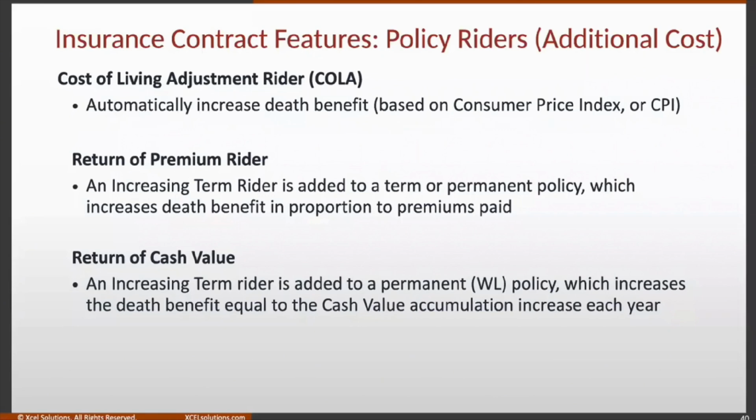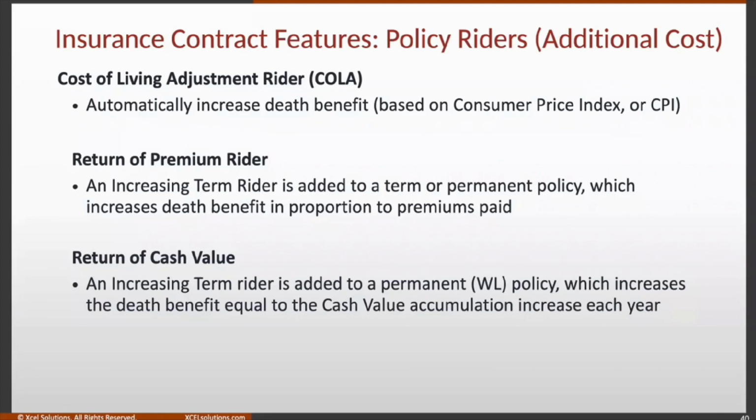So some people want to add a cost of living adjustment rider to their life insurance policy when they take out the policy, so that the rider would adjust the death benefit based on CPI and higher inflationary times. So the cost of living rider automatically increases the death benefit on the policy based on the Consumer Price Index.